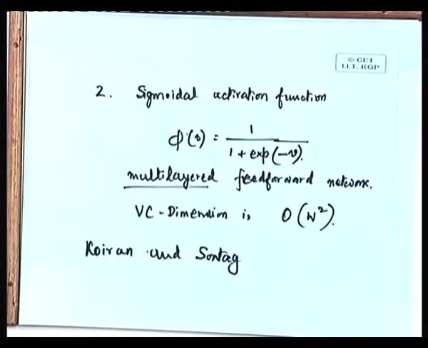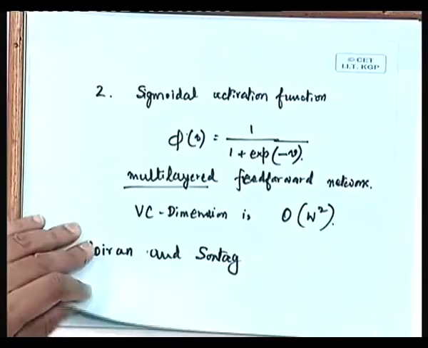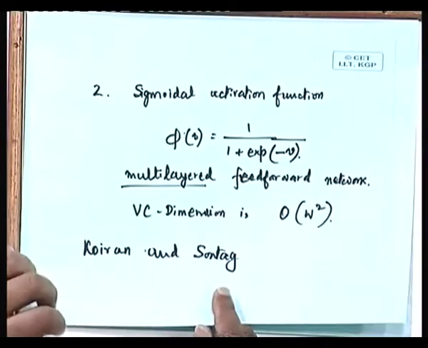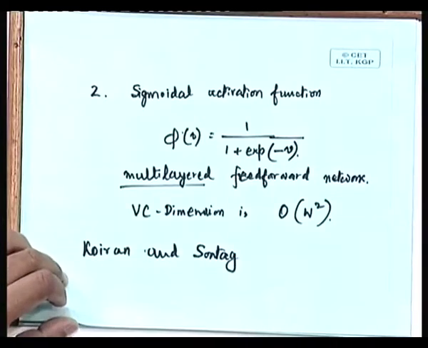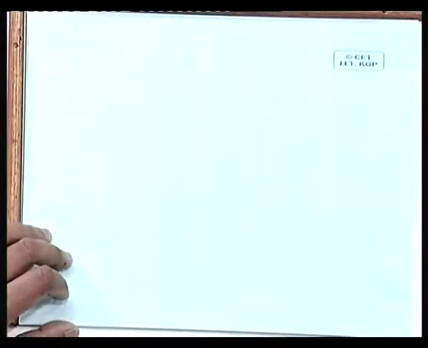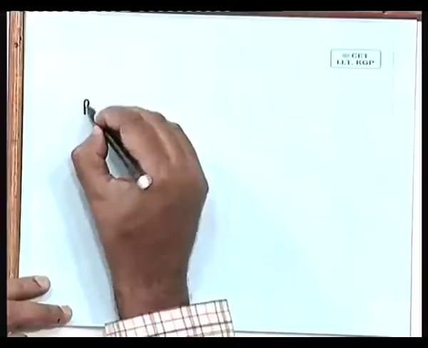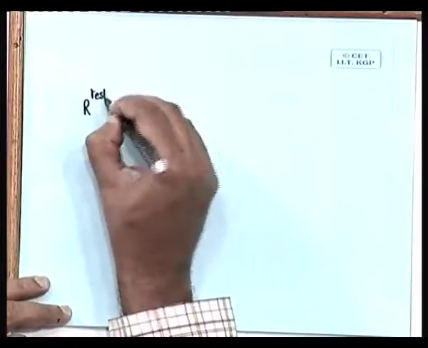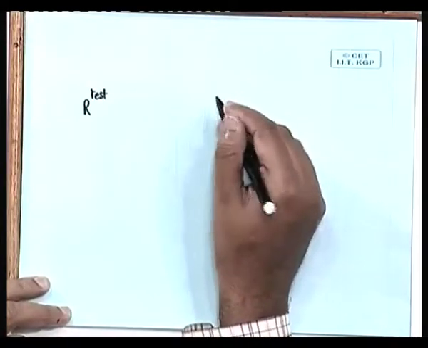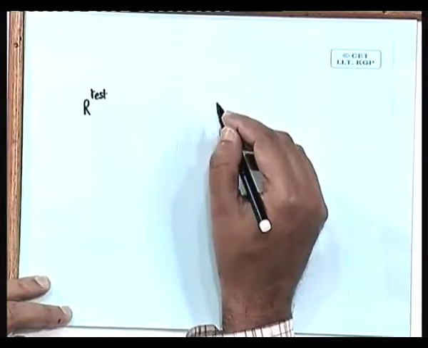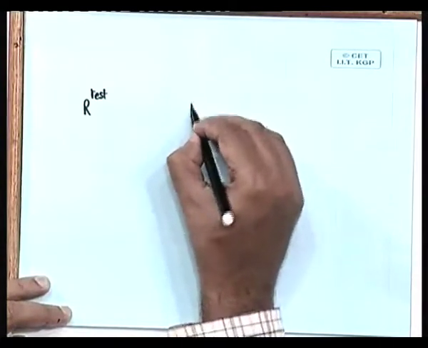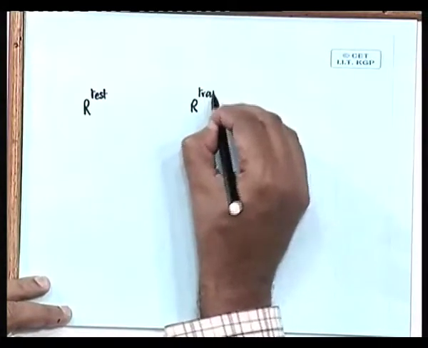Now, after talking about these two important results pertaining to the order of the VC dimensions, let us go back to the result that we discussed yesterday from Vapnik's theory. We were discussing yesterday the relation, or the inequality, that should exist between R test and R train.